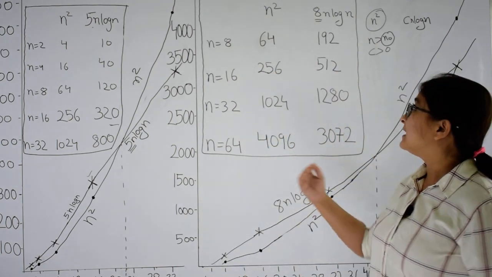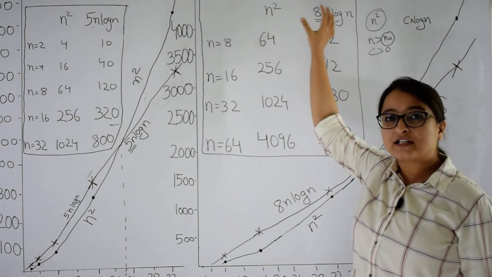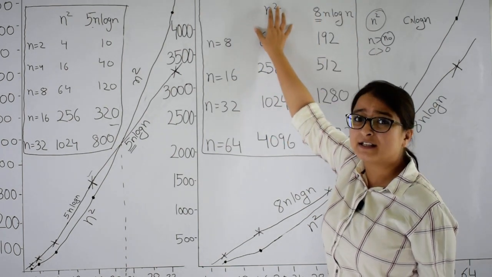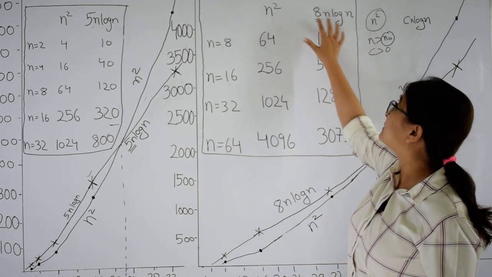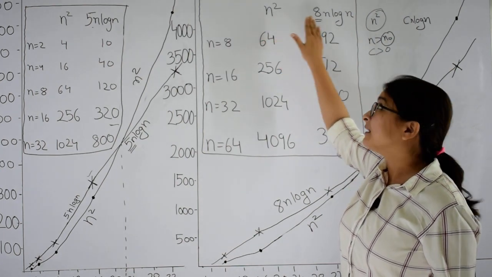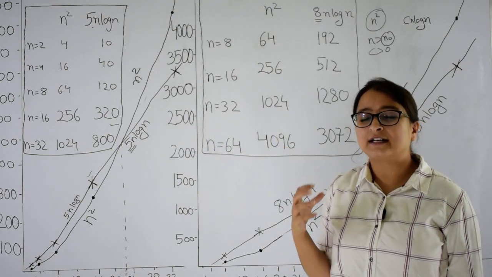Whenever I say this function is better than that one, because it is giving a smaller value and so has lesser runtime, I mean it is better after the value of n greater than n naught, which is assumed.